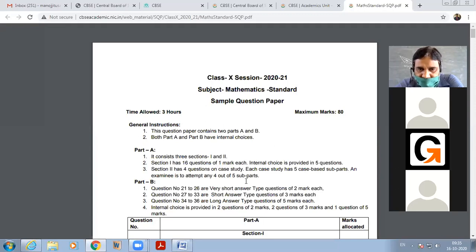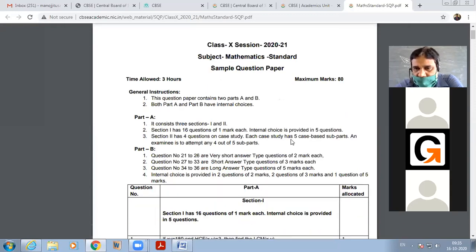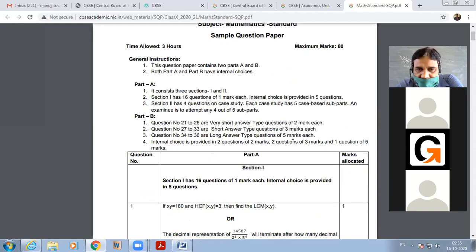Now in part B, there is also a change. Earlier you had 1, 2, 3 and 4 marks questions. Now there is no 4 marks question. You now have 1, 2, 3 and 5 marks questions introduced. Now you will get 5 marks questions.